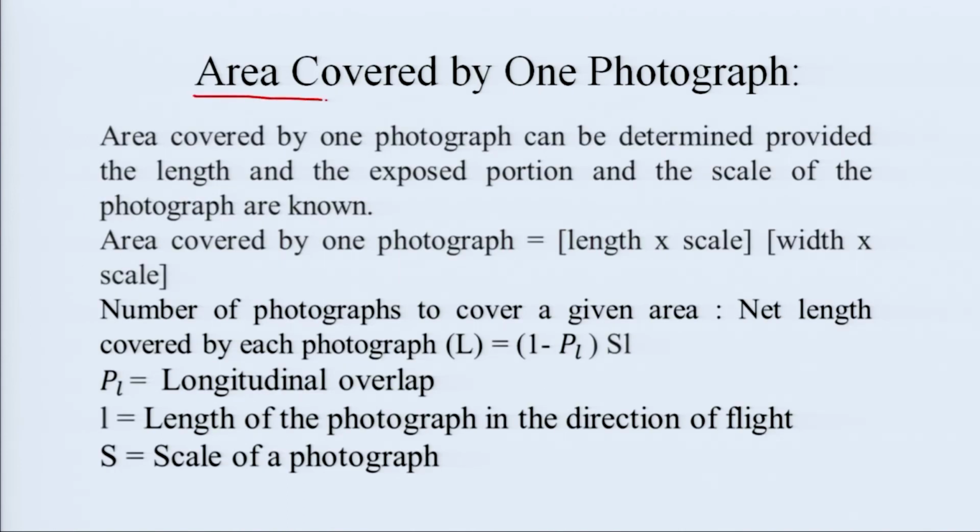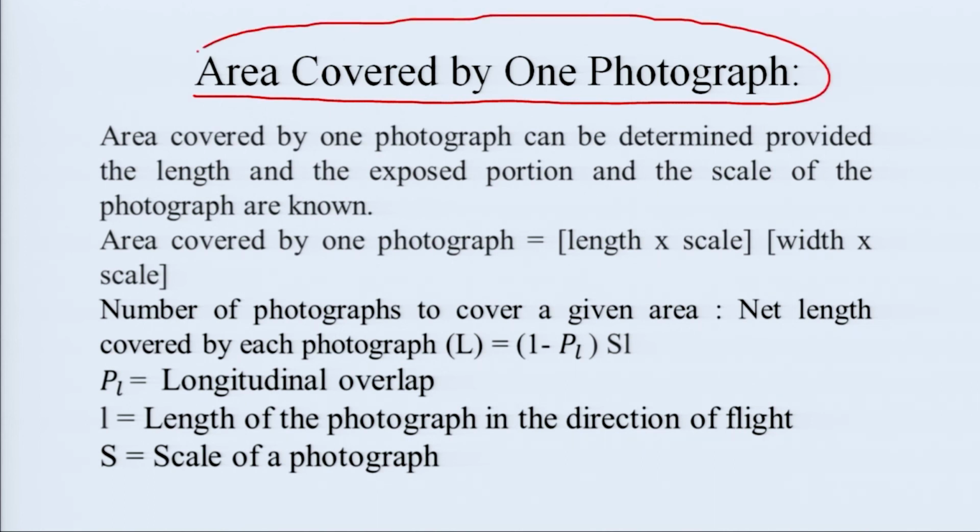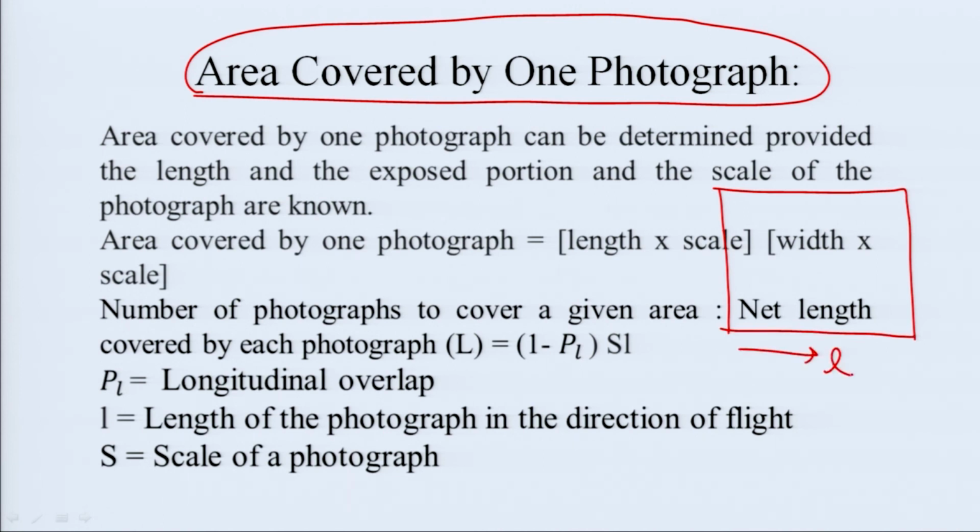Now, talking about the area covered by one photograph, we take an example. If this is the length and this is the width B of an area to be surveyed or covered by photographs, we first take the flight overlapping with a longitudinal overlapping, and again in this direction, in the direction of width, with a side overlapping of about 30%.